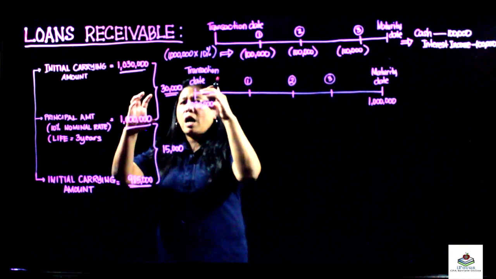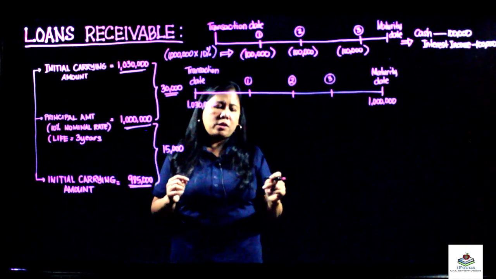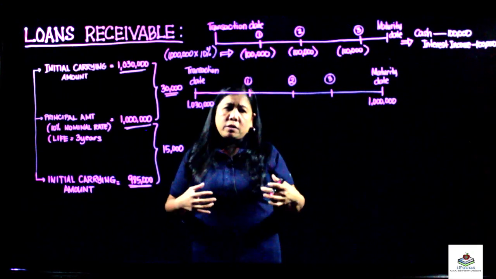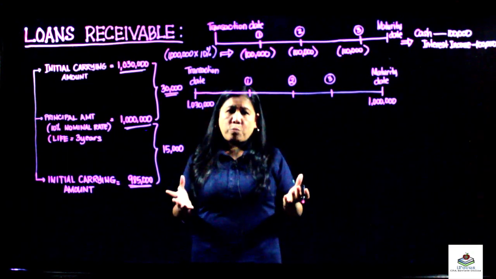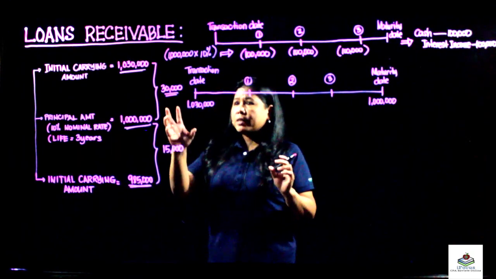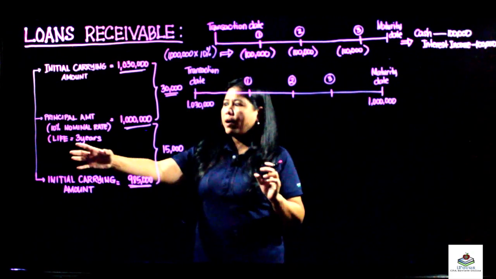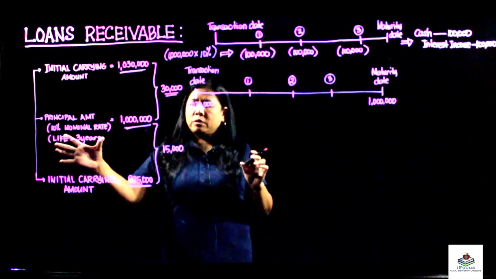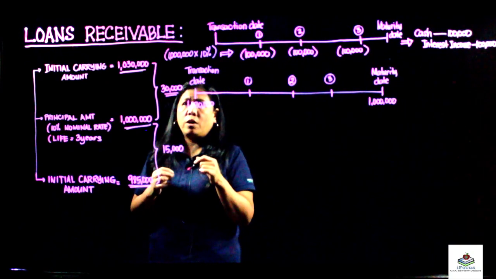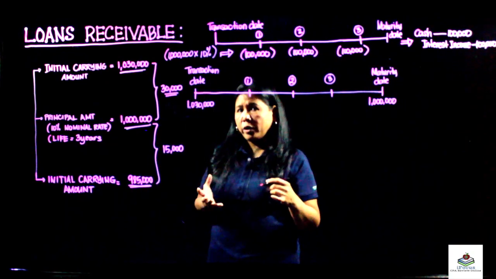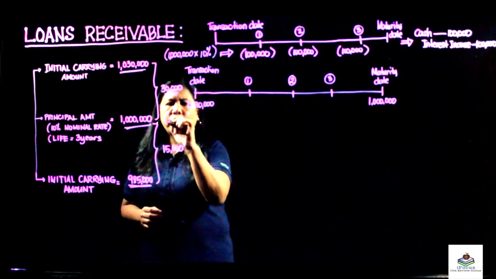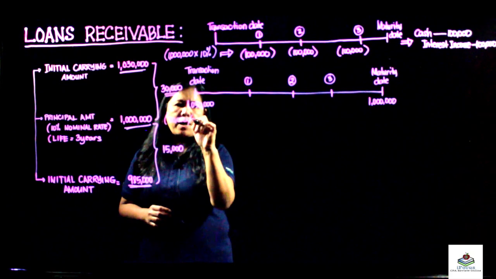All right, we will amortize the 30,000 and we will use the straight line method. The straight line method is a straightforward calculation of our amortizations. We take our 30,000 and divide it over the life of the loans receivable. So the computation of our amortization of 30,000 using the straight line method is 30,000 divided by 3 years.